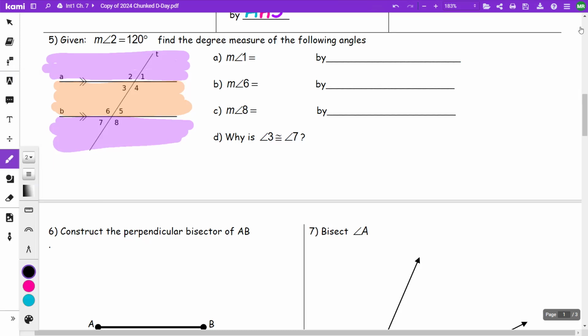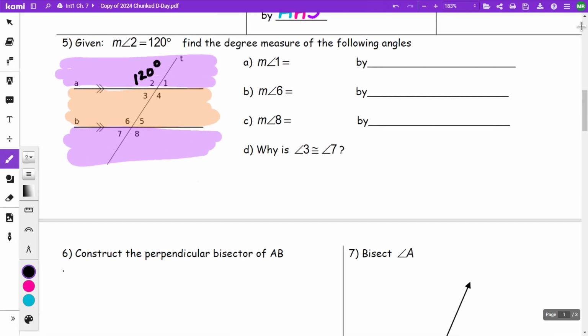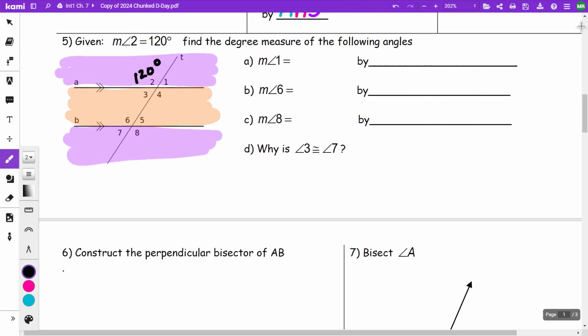They tell us that the measure of angle 2 is 120 degrees. So we know that this is 120 degrees. Now I can fill out the rest of this. If that is 120 degrees, then this is also 120 degrees because those two are vertical angles.